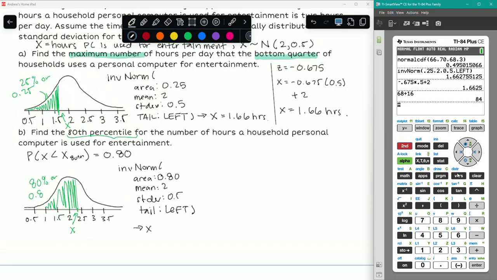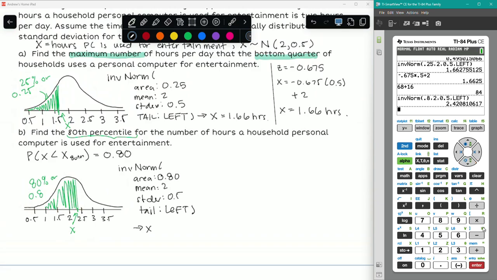So on our calculator, second bar's inverse norm to find a data value, and we want 0.8. Everything else stays the same, and we get 2.42, which is exactly that region that we predicted we were sitting in, between 2 and 2.5, closer to 2.5. That's spot on what we thought it would be.